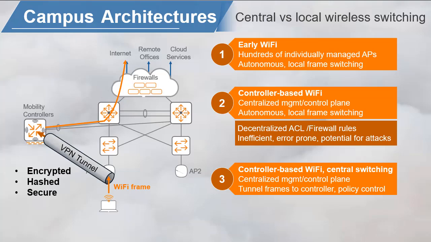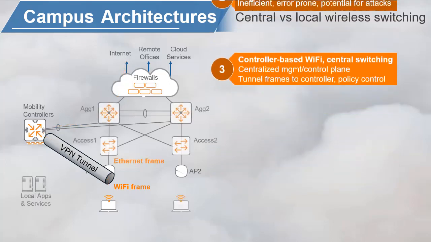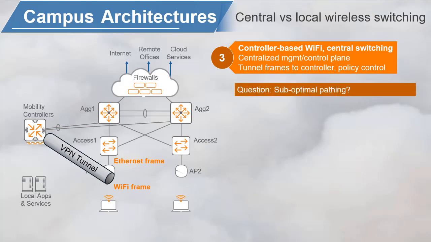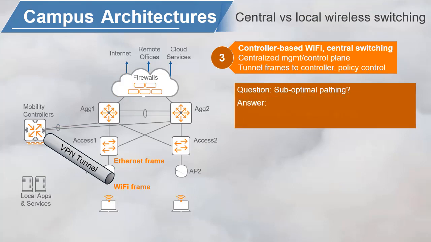Okay, all this sounds nice, but let me play devil's advocate here. I worked with other solutions when I was first introduced to Aruba's centralized switching paradigm, and it may be a little uncomfortable at first. I thought, what about suboptimal pathing? Well, most paths are naturally optimized anyway. When that wireless PC accesses local apps and services, traffic follows the same path as if it were locally switched.